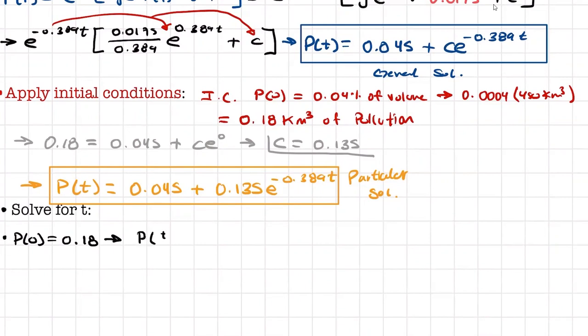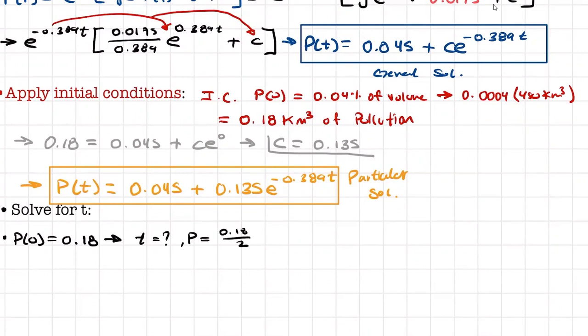What will be the time in which the pollution is half of that? So 0.18 over 2. What will be that time? Half of the pollution right now.